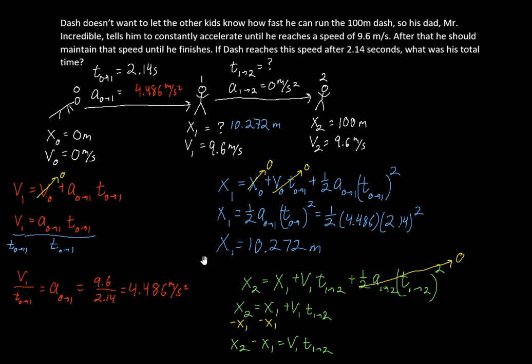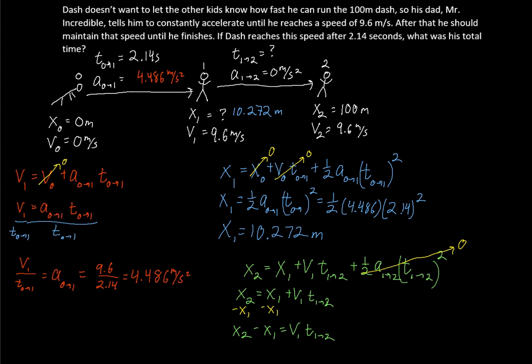And at this point, I'm going to scroll it down just a little bit. I'm going to go ahead and divide both sides by v1. And I am left with a final equation of x2 minus x1 over v1 equals t1 to 2.